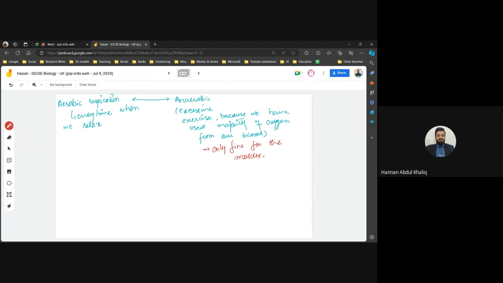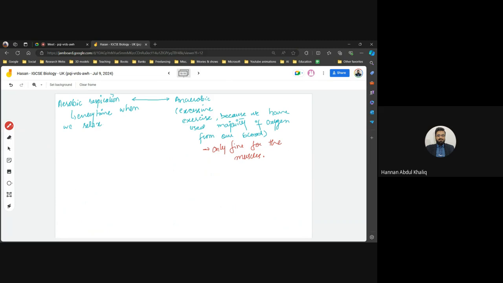The thing is, if you use the majority of oxygen from your blood, it is a threat to your heart and brain. So what does the body do?